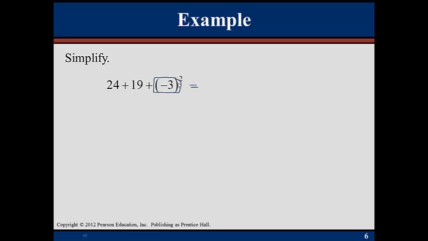So that says -3 times -3. So don't forget to write down the rest of the problem. 24 plus 19 plus, what is -3 times -3? It is positive 9. So now we have 24 plus 19 plus 9. So we just add. So 24 plus 19 is 43, plus 9 is 52.